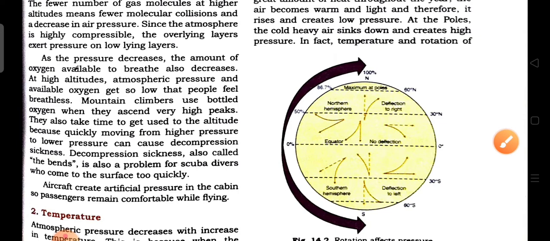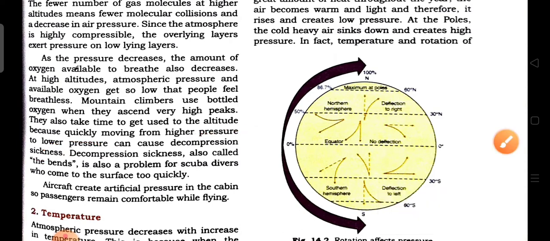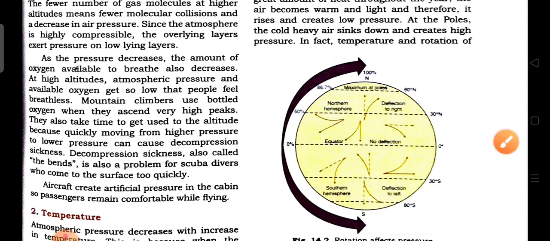They also take time to get used to the altitude, because quickly moving from high pressure to low pressure can cause decompression sickness. It is a type of sickness that happens if we go instantly from high pressure to low pressure. Decompression sickness is also called the bends.